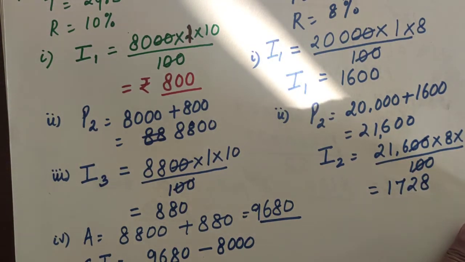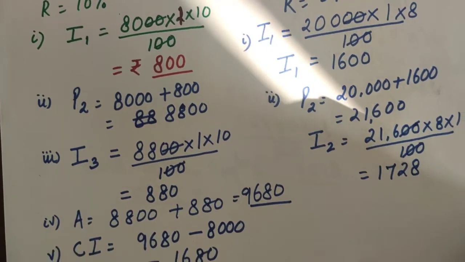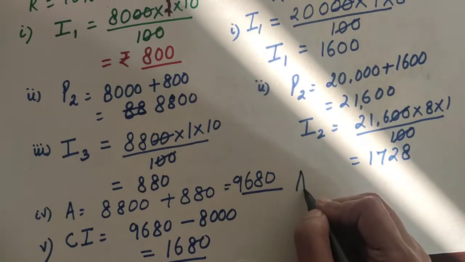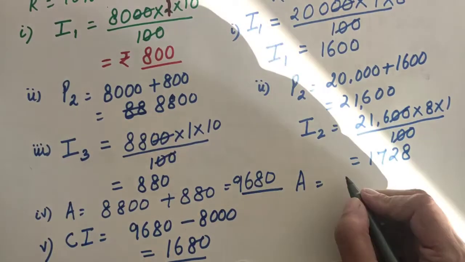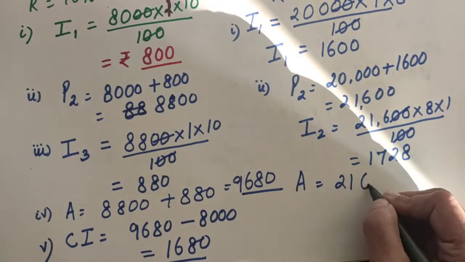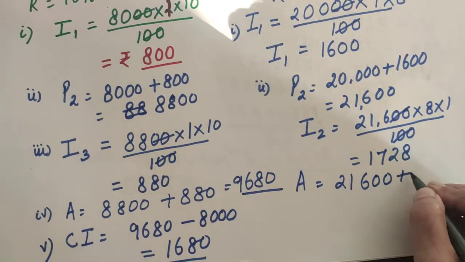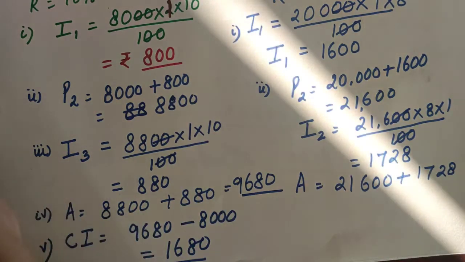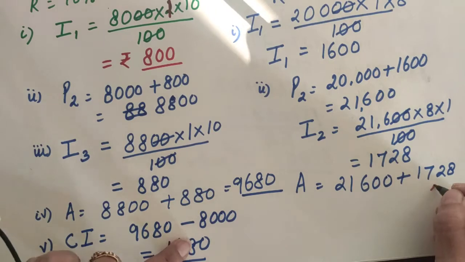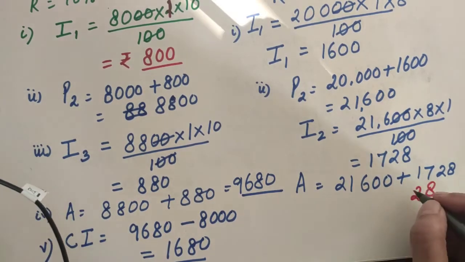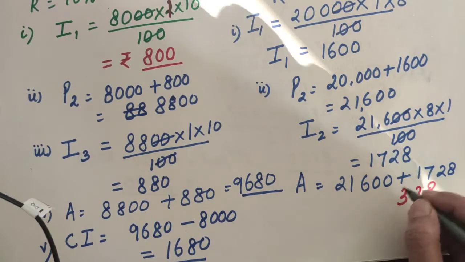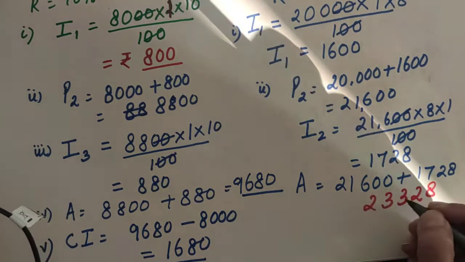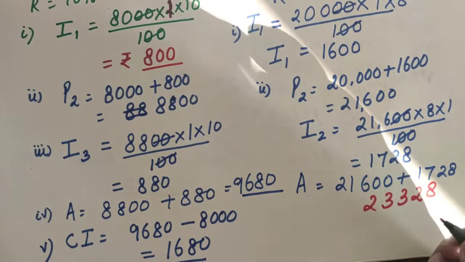Third part is the final amount at the end of the second year. So the final amount is the principal, which is 21,600 plus the interest, which is 1728, which gives you 23,328.